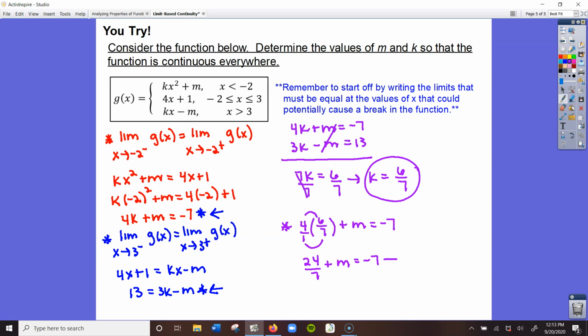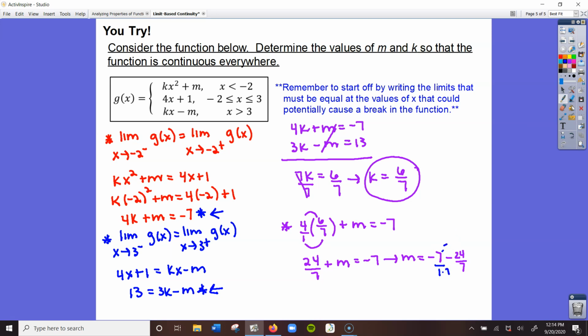To solve for m, we're just going to subtract that 24 over 7 to the other side. Remember, in order to subtract, you are going to need a common denominator. So if I put this -7 over 1, my common denominator would be 7.